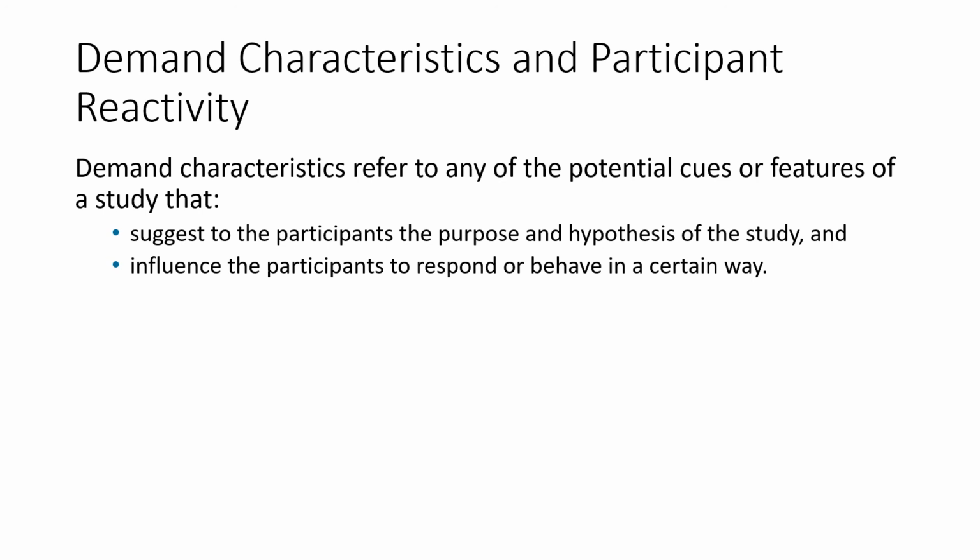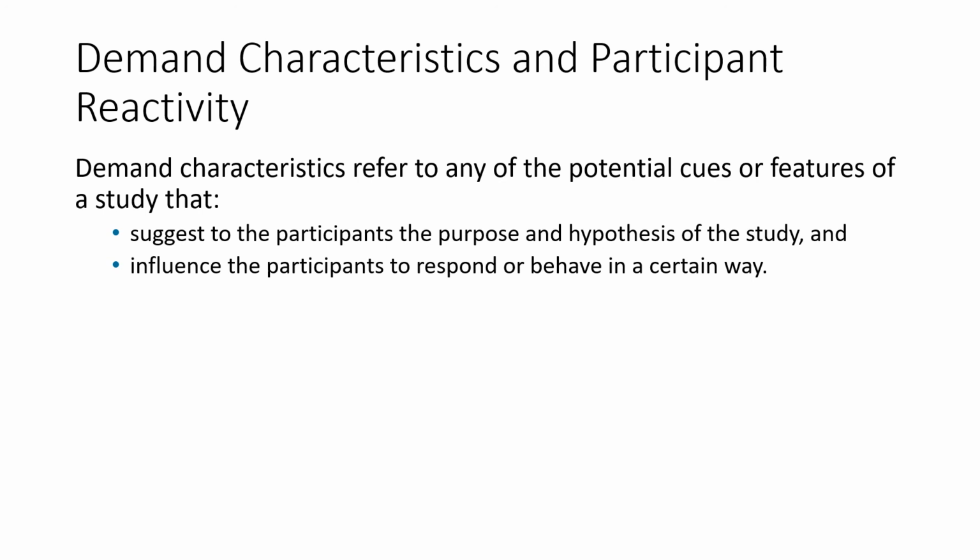This is what brings us to demand characteristics. Demand characteristics are any potential cues in the features of the study that suggest to the participants the purpose and hypothesis of the study and influence them to respond or behave in a certain way.